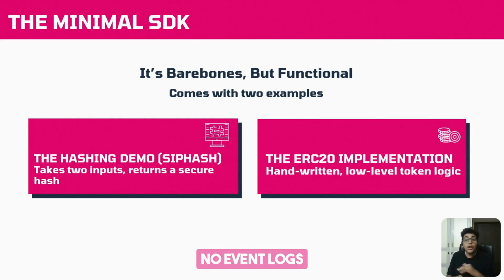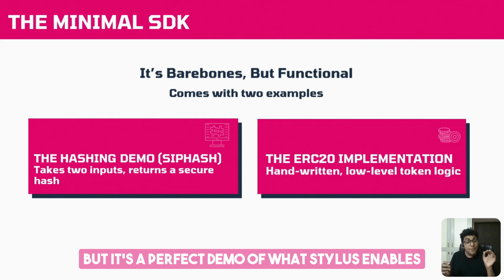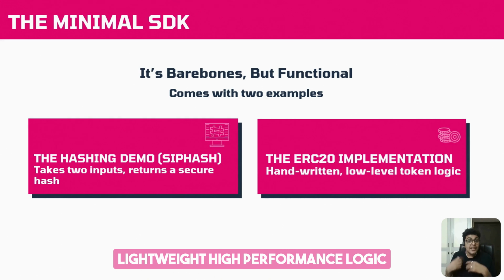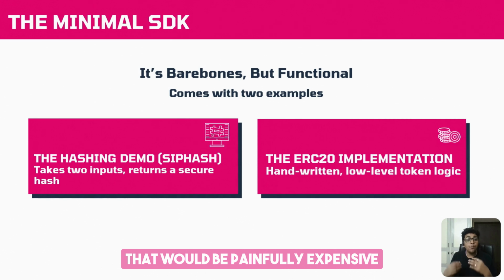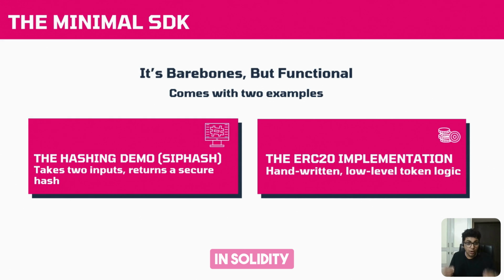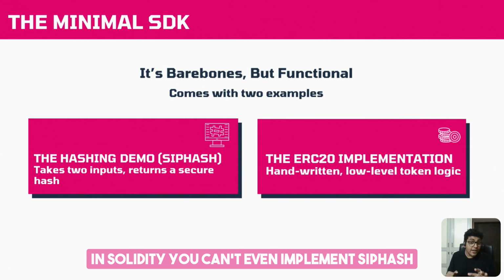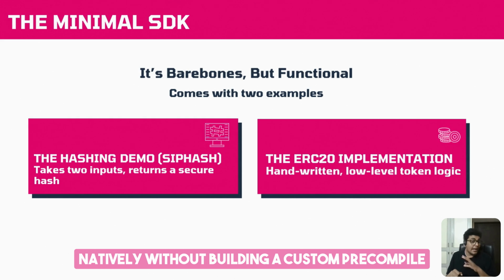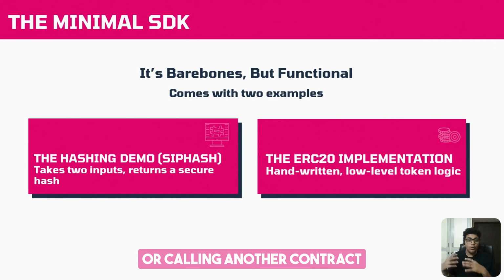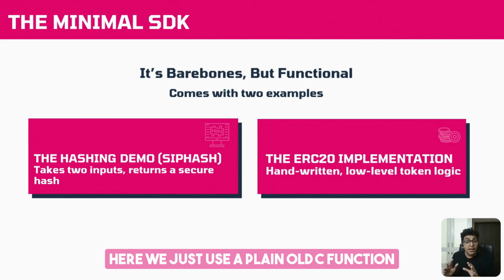No storage, no event logs, no fancy ABI decoding, just raw compute. But it's a perfect demo of what Stylus enables. Lightweight, high-performance logic that would be painfully expensive in Solidity. I mean, in Solidity, you can't even implement SIP hash natively without building a custom precompile or calling another contract. Here, we just use a plain old C function.